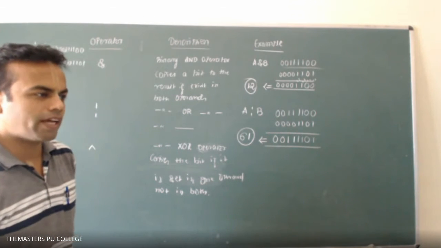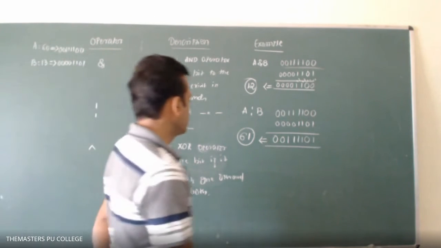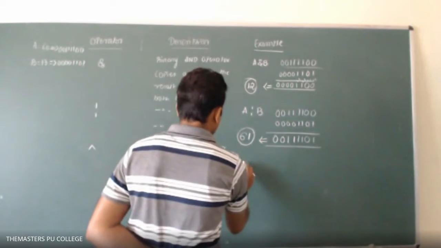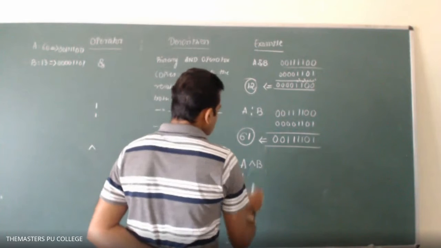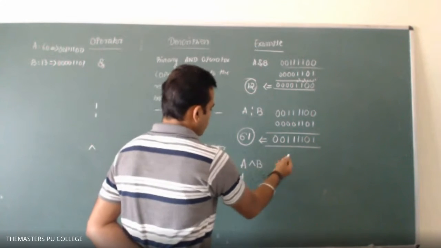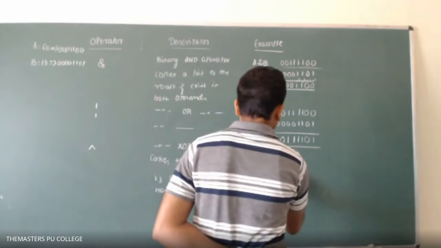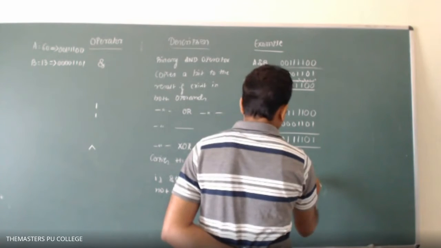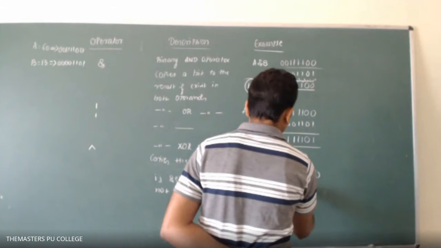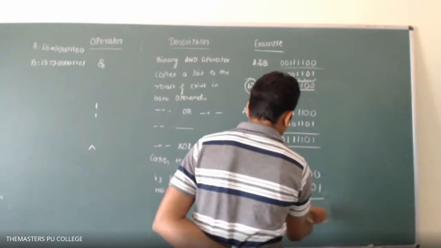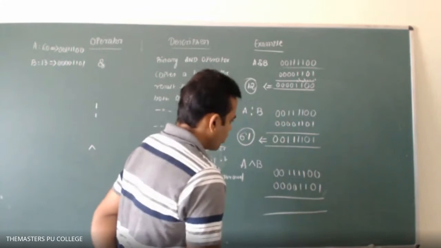XOR. So what will you write here? A XOR B. 0 0 1 1 1 1 0 0 and 0 0 0 0 1 1 0 1. Perform this. What happens here?